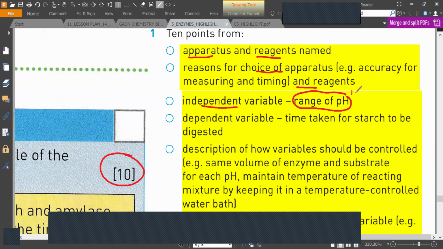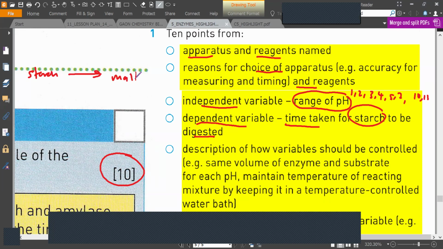So we can choose pH 1, 2, 3, 4, 5, 6, 7 until 10, 11, something like that. Dependent variable: time taken for starch to be digested. We are testing with starch because starch turns to maltose in the presence of amylase. So we just test with different pH and then we will see which one the digestion is faster.